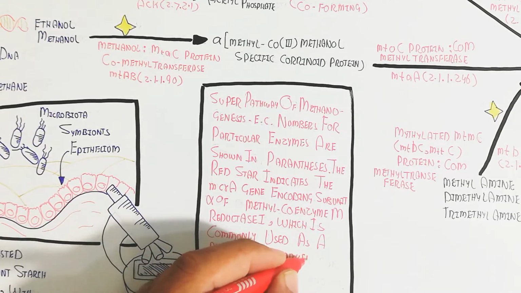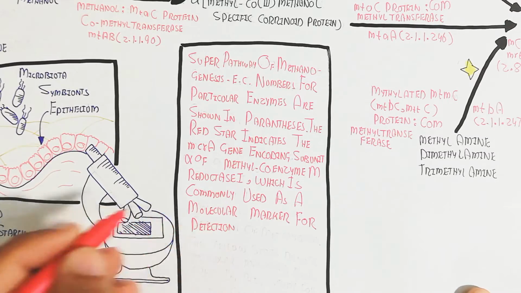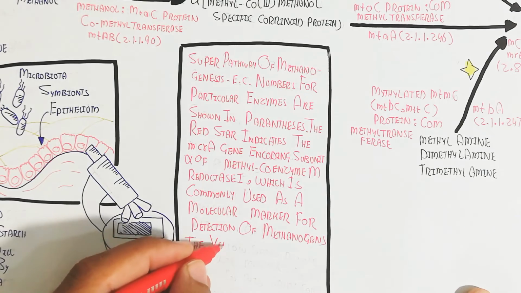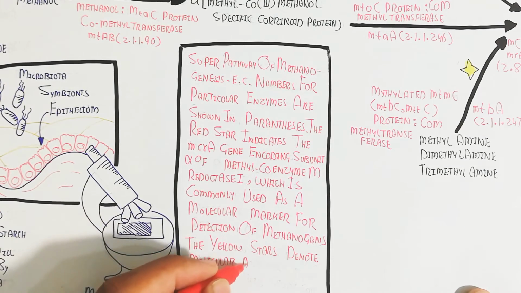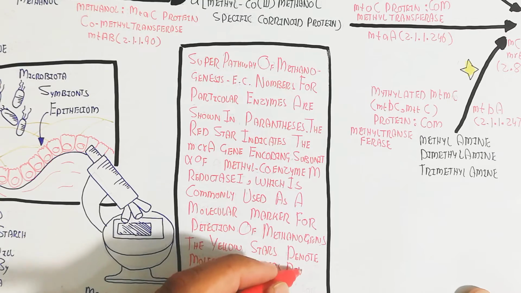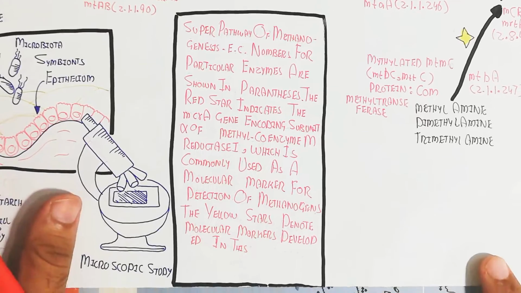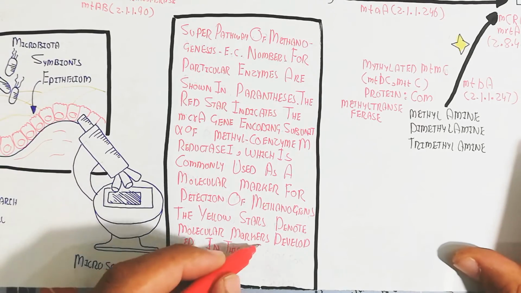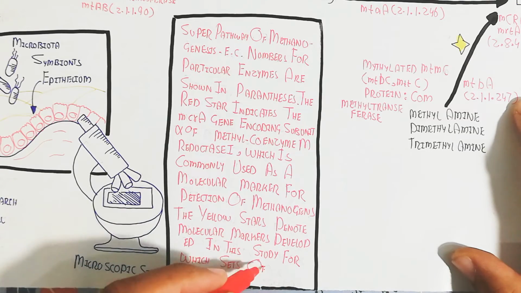The yellow star denotes the molecular marker developed in the study for which sets of PCR primers were designed. So in this study, the article, you can understand the super pathway of methanogenesis.